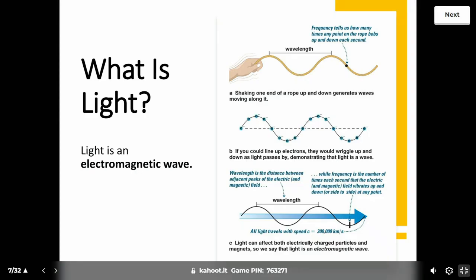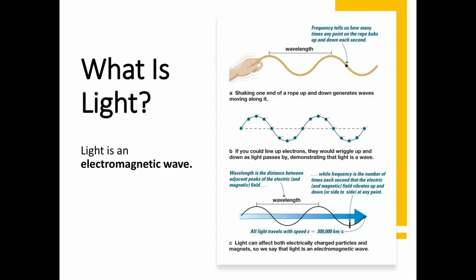The first way that we'll talk about light is as an electromagnetic wave. A wave is a type of phenomenon that has some vocabulary associated with it. If I take a rope and I wiggle it up and down, then the distance between the peaks of my wave is called the wavelength.